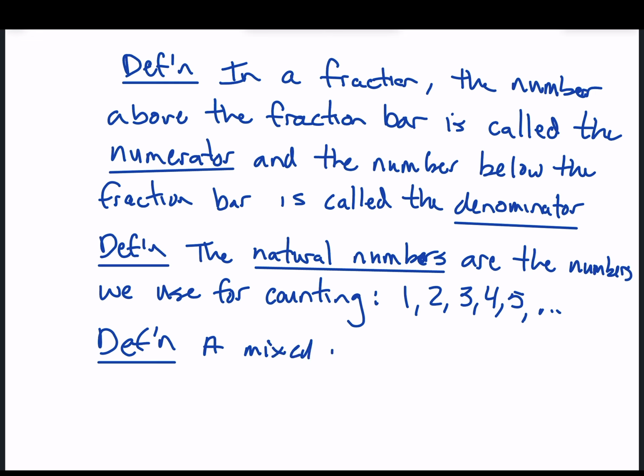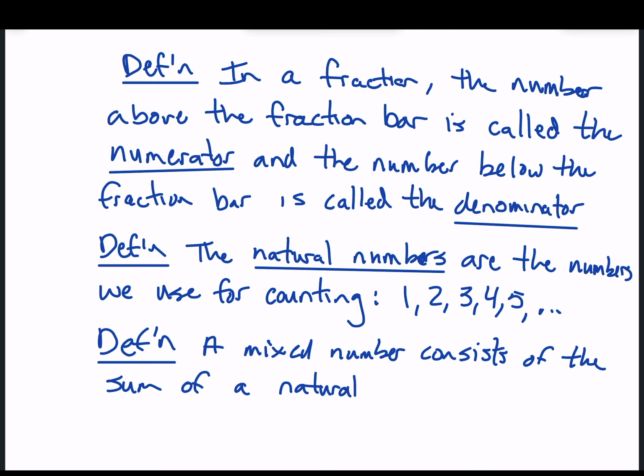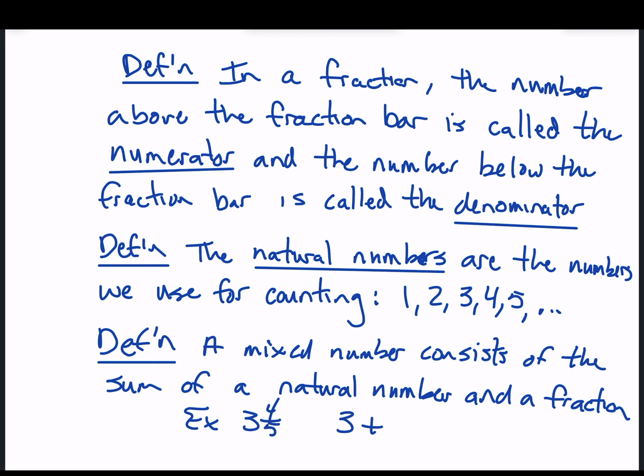A mixed number consists of the sum of a natural number and a fraction. Examples of these would be 3 4/5, which is 3 plus 4/5.